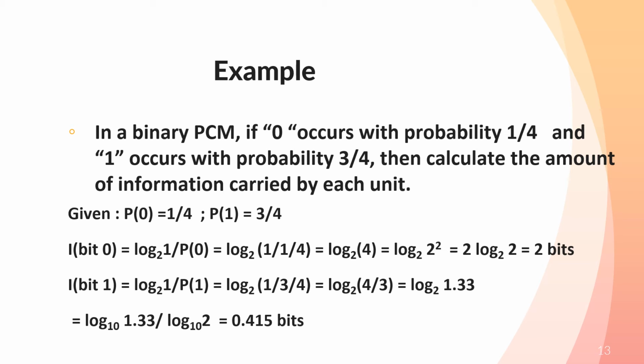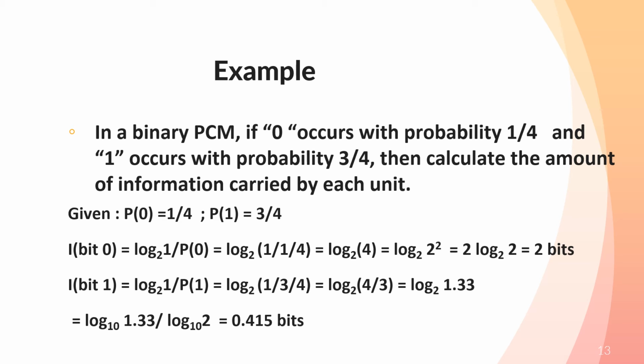P(0) = 1/4 and P(1) = 3/4 are the given values. Information I is log2(1/P(0)), which is log2(4), log2 of 2 squared, which becomes 2 bits. Similarly, for bit 1, the number of bits is log2(1.33), which is equal to 0.415 bits.